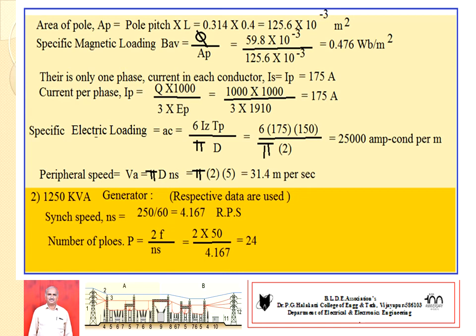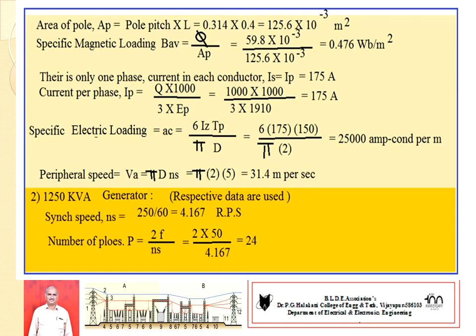Therefore, specific electric loading AC equals 6 times Iz into Tp divided by pi d. Why have you taken 6 times Tp? What is the AC? Specific electric loading in general, AC equals Iz into Z divided by pi d.